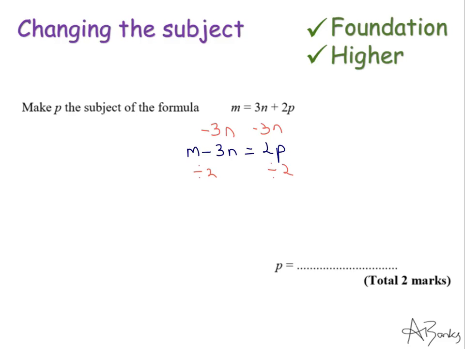On the right hand side I get my single p, and on the left hand side the easiest way to write this is as a fraction, m take away 3n, all divided by 2. So that's p the subject: m take away 3n all over 2.